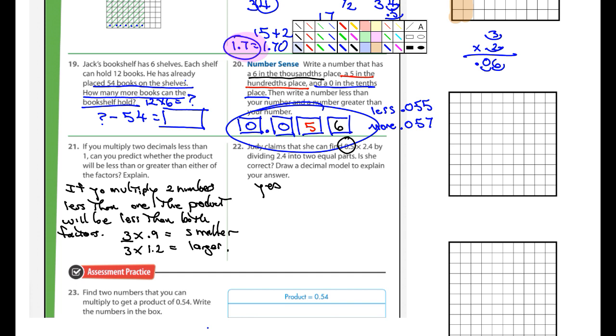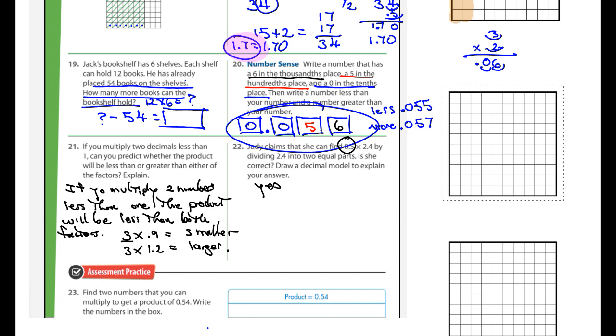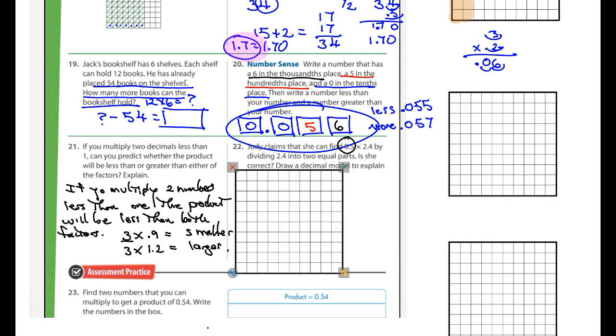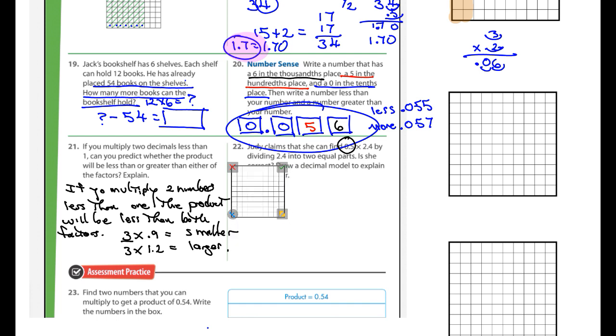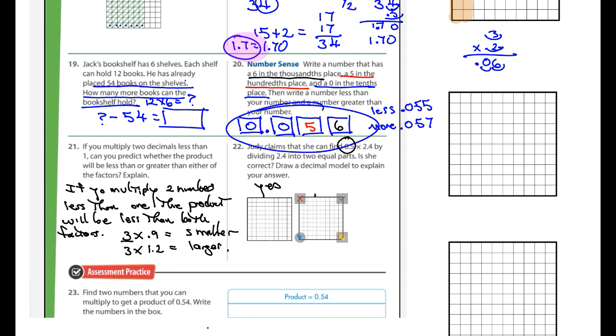So, let me cut this. They didn't give you a place to do that. So I'm going to copy that. I'm going to drag it over here, but I'm going to make it a lot smaller. And then I'm actually going to have to do another one, and then actually I'll have to do a third one.